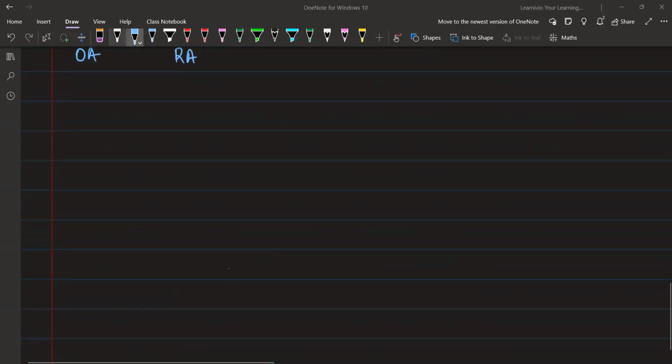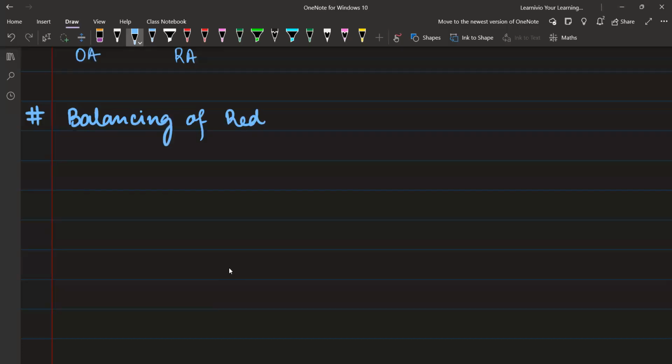Right, next, balancing of redox reactions. We will do this by an example. What example should I take? Let me see.